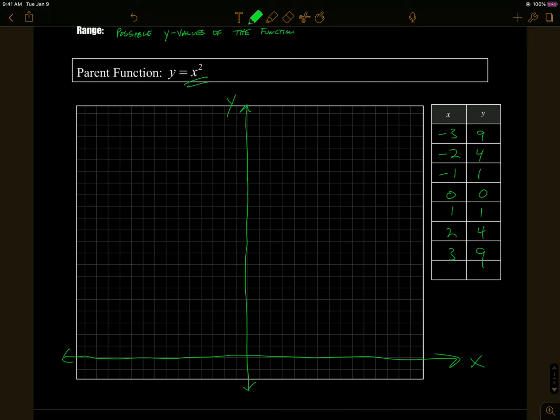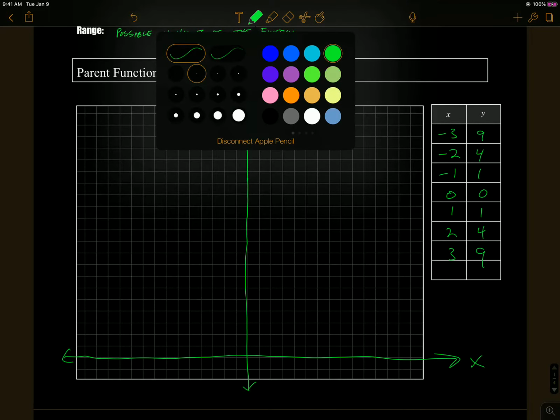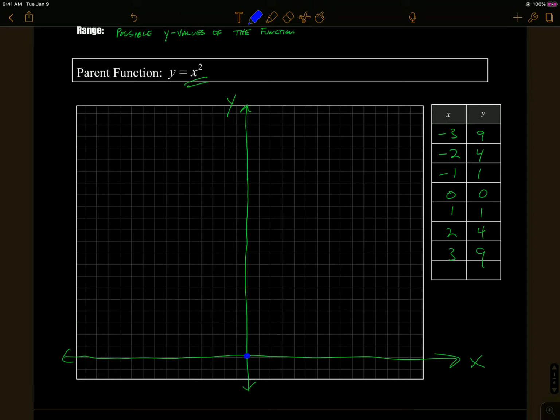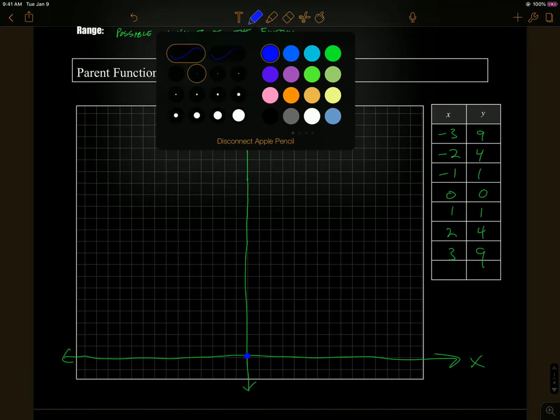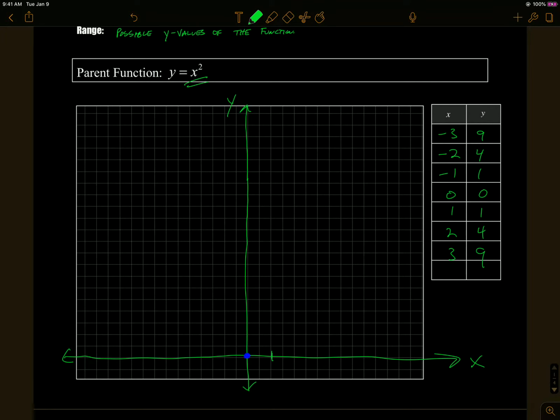So let's graph the parent function here. We've got 0, 0. We've got 1, 1. I'm going to go by 2's here. So that's 1, 2, 3, 5.